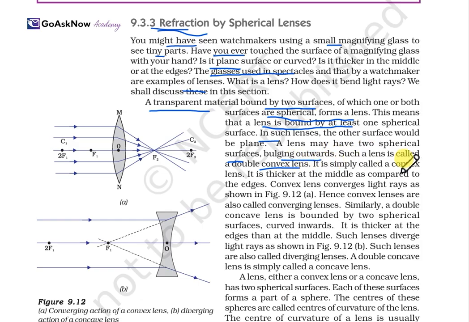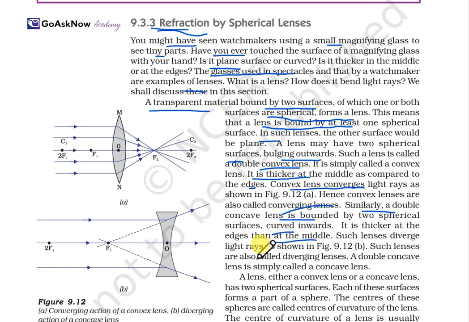A convex lens is thicker in the middle as compared to the edges. A convex lens converges light rays as shown in the figure, so convex lenses are also called converging lenses. Similarly, a double concave lens is bounded by two spherical surfaces curved inward, and it is thicker at the edge than at the middle.